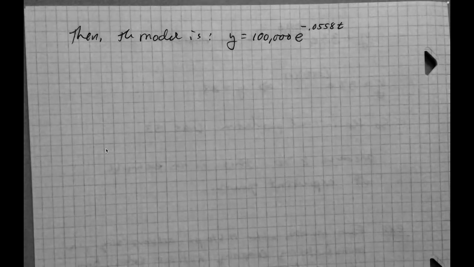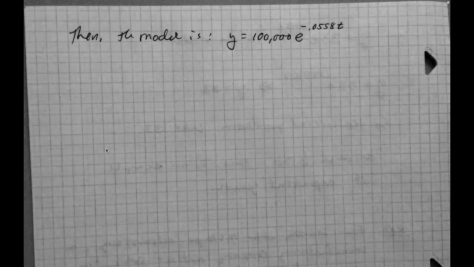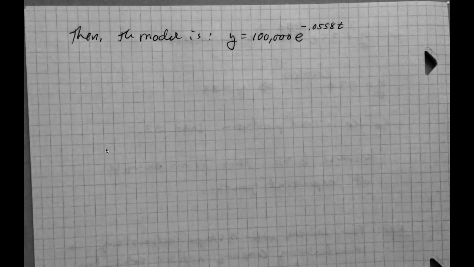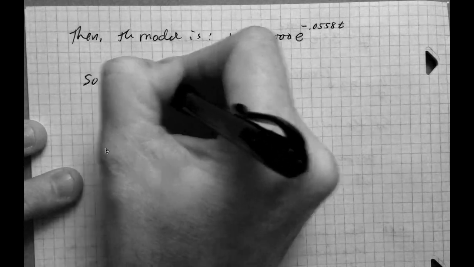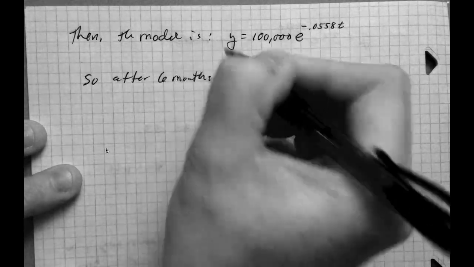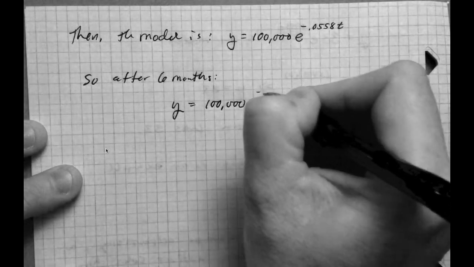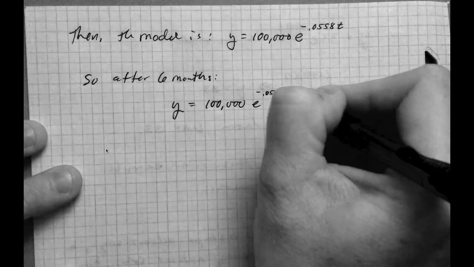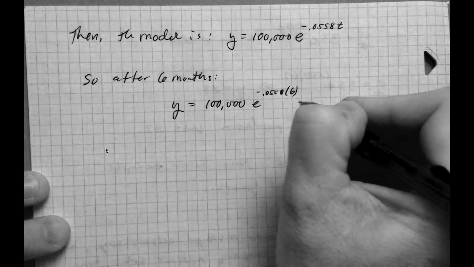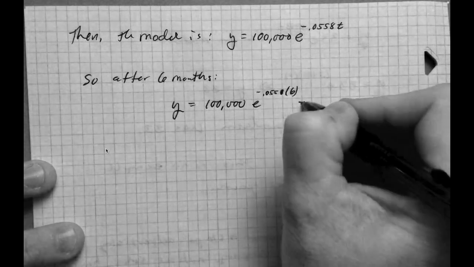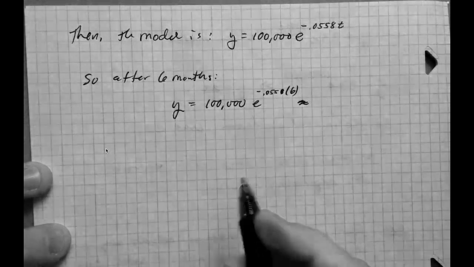And so the question is, after 6 months, what should we expect our sales to be if indeed this is the model that reflects them? So after 6 months, we would have y equals 100,000 times e to the negative 0.0558 times 6, which you can just plug in.